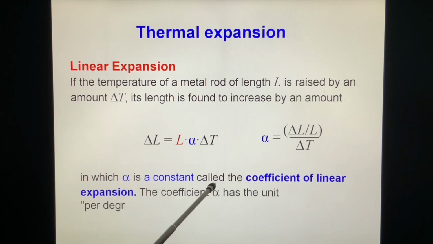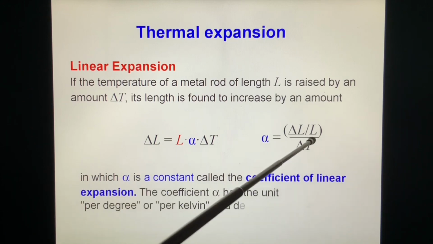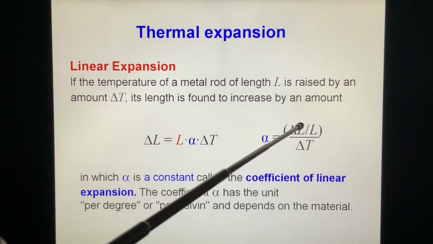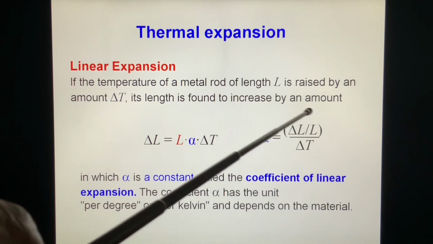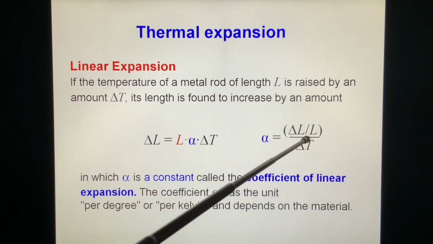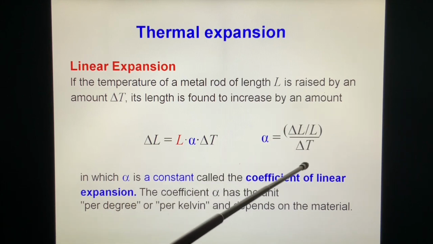The coefficient alpha has a unit, since delta L over L is a percentage and doesn't have a unit. So alpha is per degree or per Kelvin.